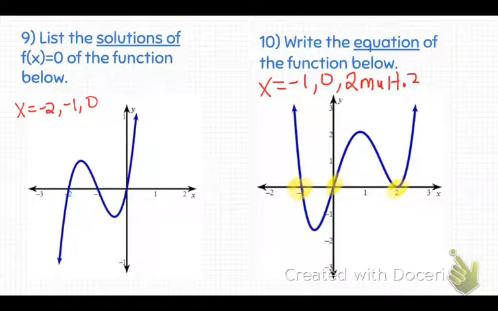Okay, good. Now, to write an equation, I have to write factors. So how do I write x equals -1 as a factor? X plus 1, good. How do I write 0 as a factor? X plus 0, which we can also write as x, so we'll bring that one out to the front.